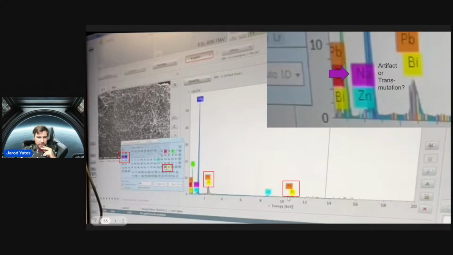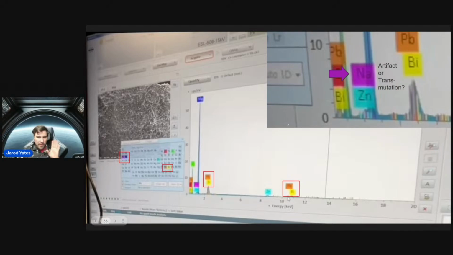And we got bismuth and lead right next to each other in the periodic table. The reason why this is potentially important, that we saw sodium, is because if this thing was in a really high energy environment, like a gamma radiative environment or a nuclear reactor type environment, any high energy radioactive environment, you might start seeing some transmutation of elements, where heavier elements are being transmuted into lighter elements.